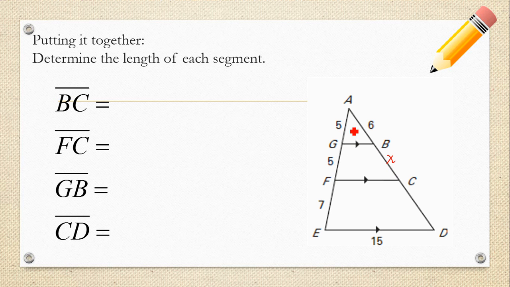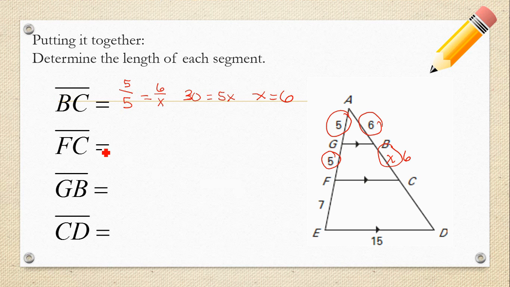So I can set up a little ratio to solve for B to C. So for BC, I might say 5, this piece, matches up with this piece, just like 6 matches up with X. And then if I go ahead and cross multiply, I'd get 30 equals 5x, or x equals 6. So B to C is 6.